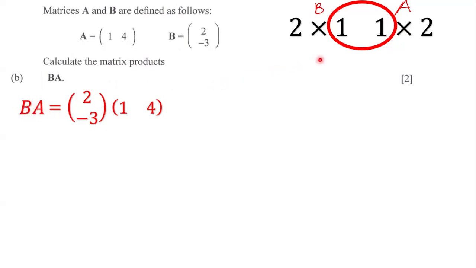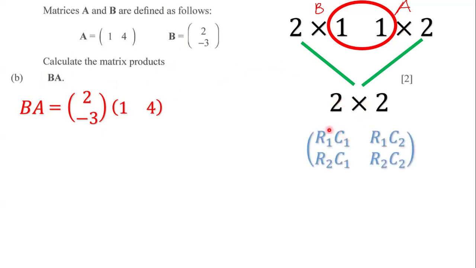But what is the resultant matrix when we multiply these two matrices? Well, the resultant matrix is going to be of order 2 by 2. It has row 1, column 1, row 1, column 2, row 2, column 1, and row 2, column 2.